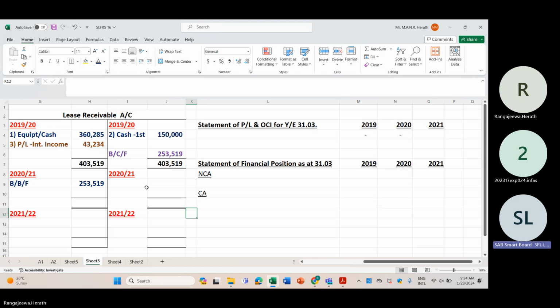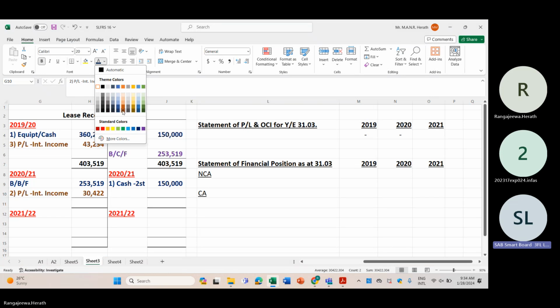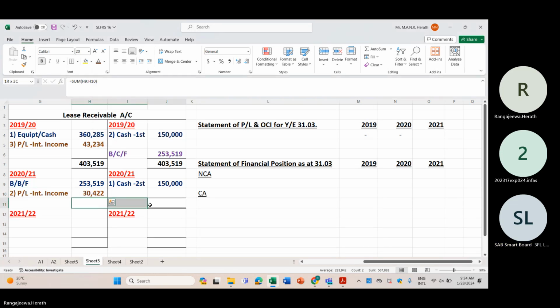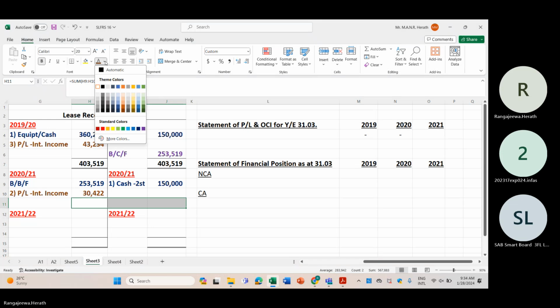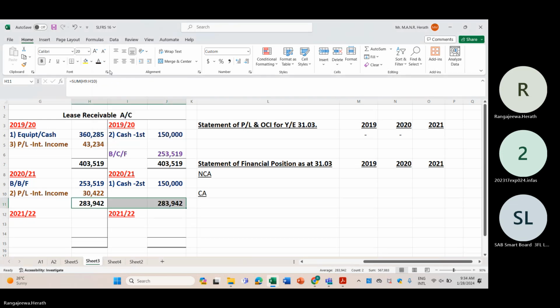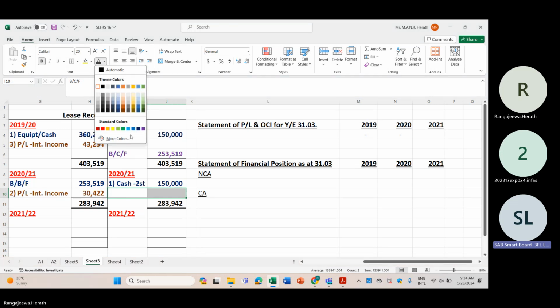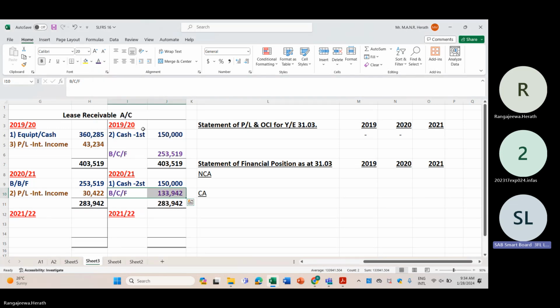So it's the opposite of the lease liability account. Now, second year, as the lessor, we receive 150,000. Then find the interest included in there. That is transferred to the interest income account and comes to P&L.